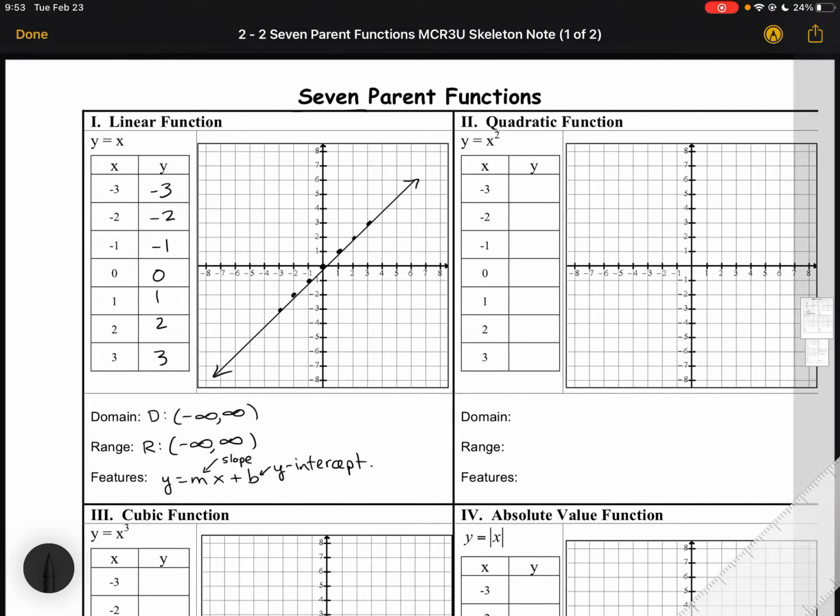Same thing, we're going to complete the table of values initially to allow us to graph it. And we've got our parent function of the parabola, y equals x squared.